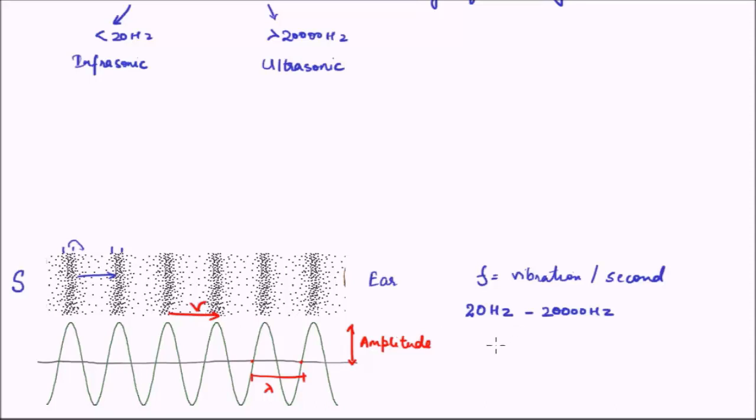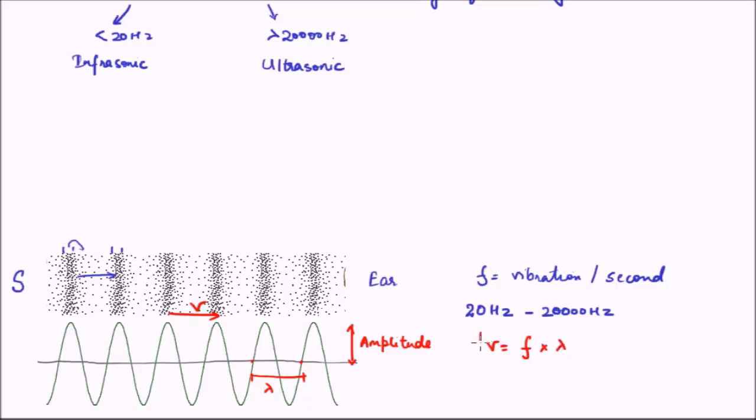So what is that velocity v? V velocity can be said to be equal to, frequency is number of vibrations or number of wavelengths per second, and wavelength is itself a distance unit. So the velocity of the sound wave will be frequency, that is number of wavelengths per unit second, multiplied by the wavelength, which is distance per unit wave.